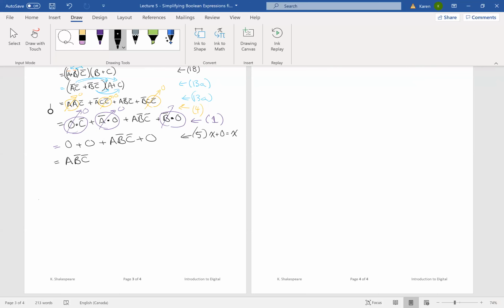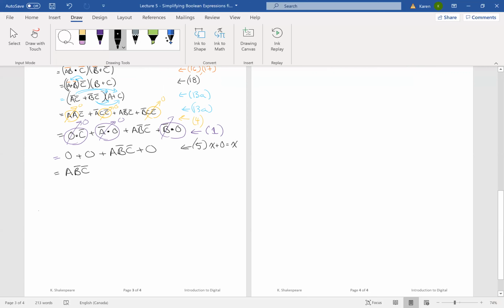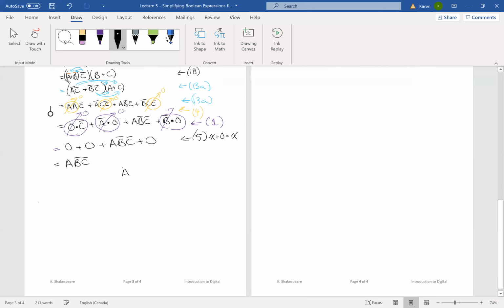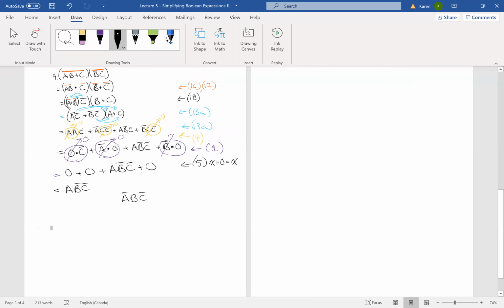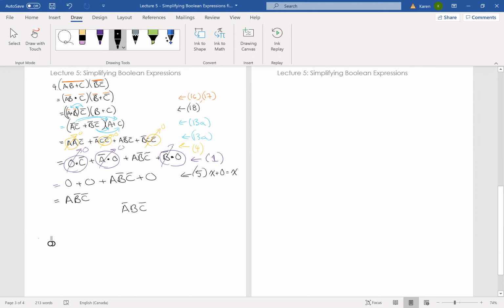And that is very nice, but I'm looking at my paper and got a different answer. I got A bar, B, C bar on my paper. So now we're going to go through a nice educational exercise about figuring out if there's a mistake here in this lecture.